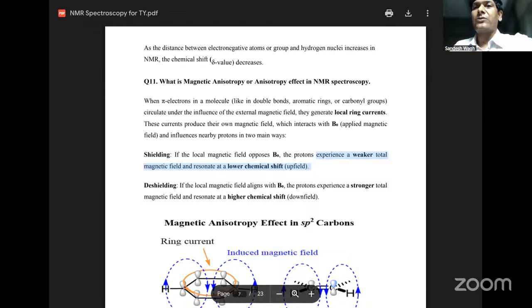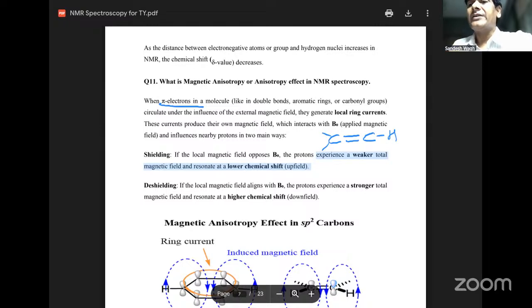in NMR spectroscopy? When there are pi electrons in molecules, like a double bond, an aromatic ring, or the aldehydic group, nearby the proton under study, that means the carbon having a proton is attached to an aromatic system, an olefinic double bond, or a carbonyl. Then the pi electrons nearby the proton will have some extra induced magnetic field.